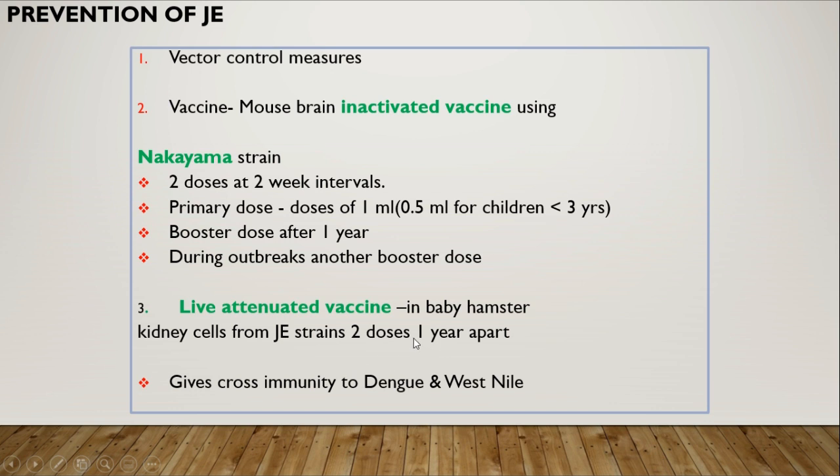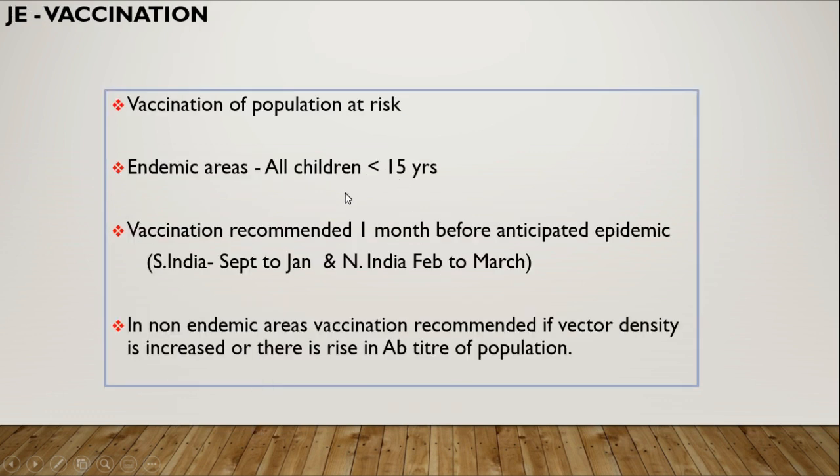That will be sufficient to provide a good amount of immunity, and it gives cross immunity to dengue and West Nile fever also, because these are also causing similar kind of complications, right? They are also coming under the same family, so the same vaccines prove to be effective against dengue and West Nile, but it will not provide 100% protection, but it shows on a larger scale. People who received the Japanese encephalitis vaccine showed good resistance against dengue viral infection as well.